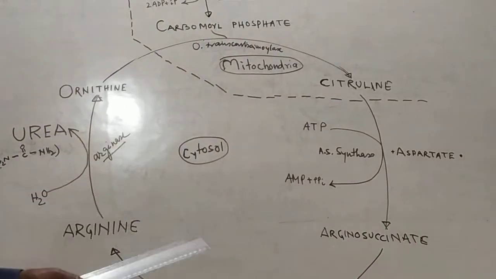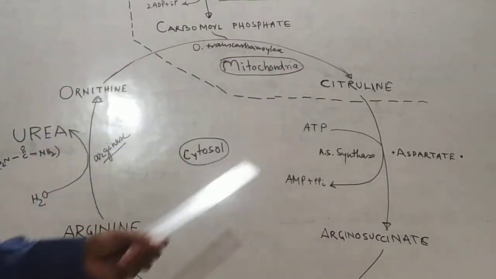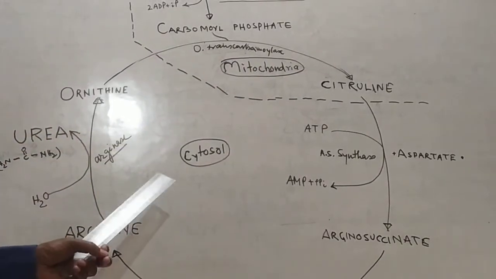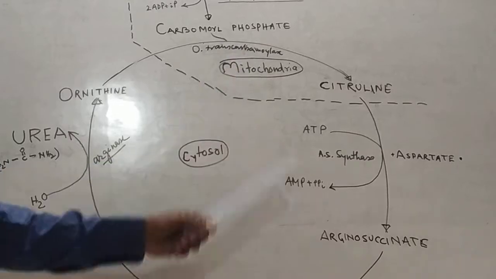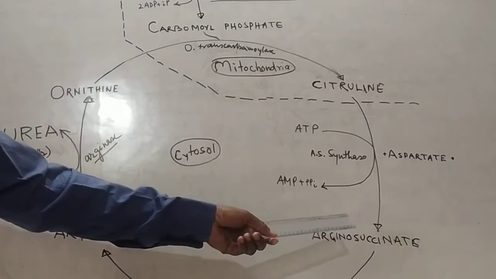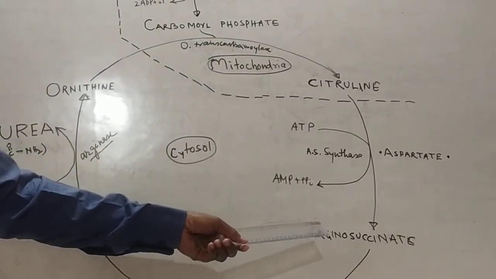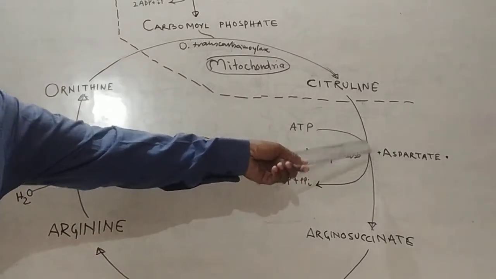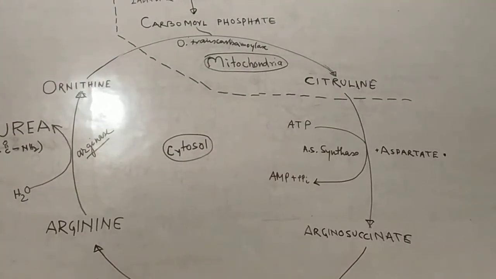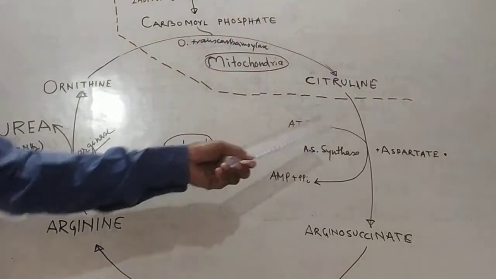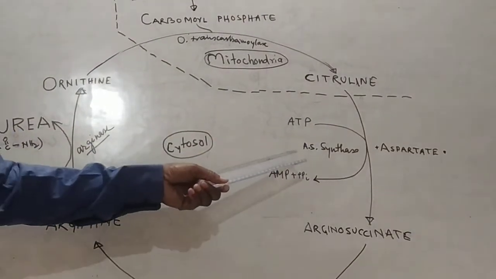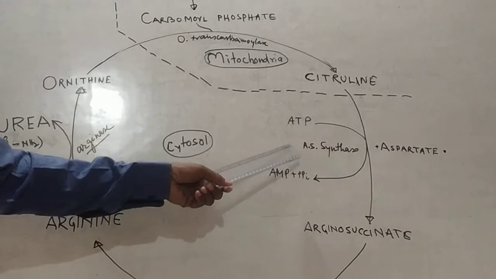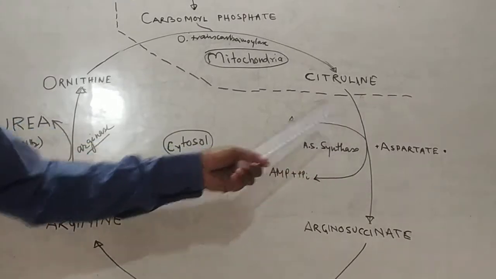Now see, citrulline then converts into argininosuccinate with the help of aspartic acid or aspartate, and this takes place with the help of the argininosuccinate synthase enzyme.